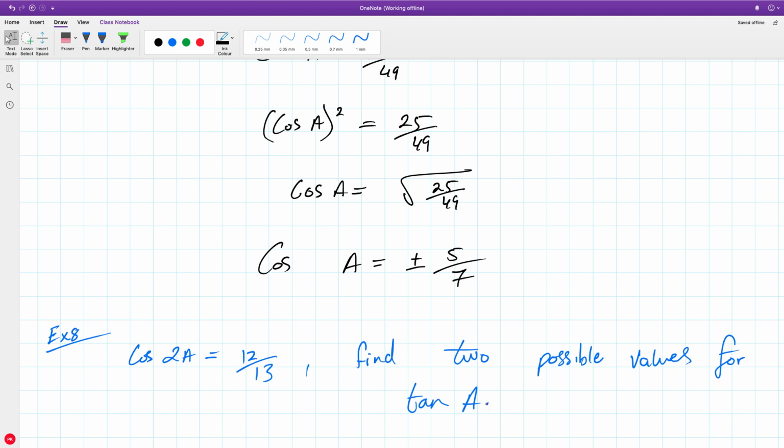So cos of 2A, are we going to go with 1 minus tan squared A over 1 plus tan squared A, or are we going to go with cos squared A minus sin squared A? Leave it up to you. Do it either way.